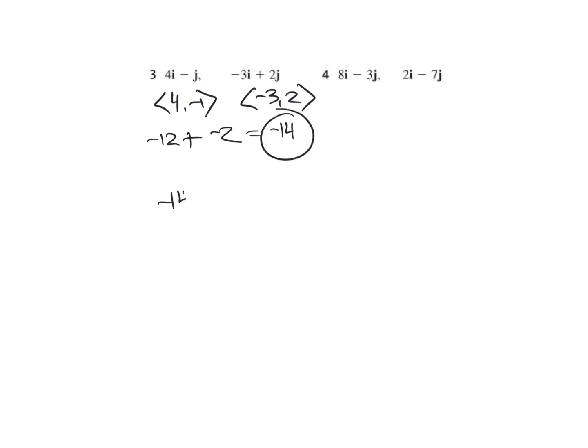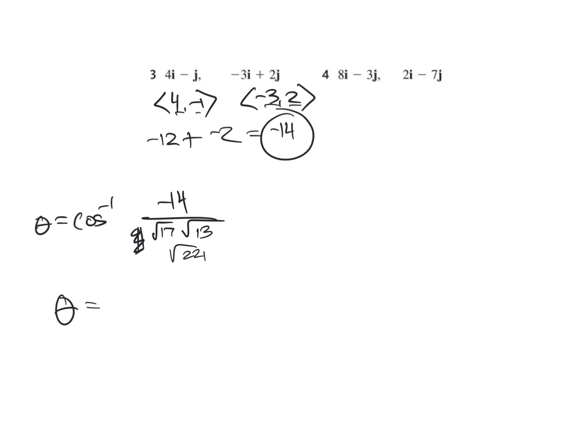And so we use the dot product over the magnitudes. What we're doing here is getting the angle between the two vectors. The magnitude of A: 16 plus 1 is 17, and 9 plus 4 is 13. So 17 times 13 on your calculator, and then you take the square root of that, so that's going to be the square root of 221.